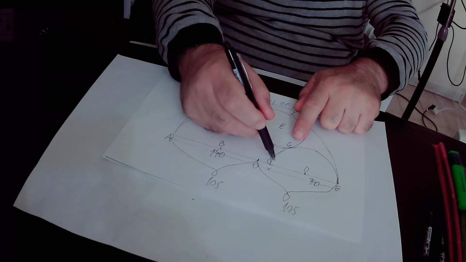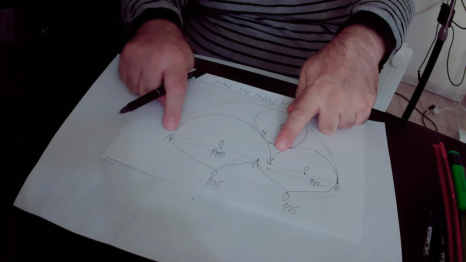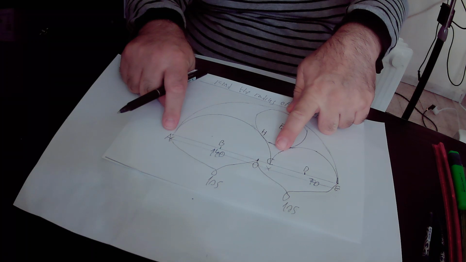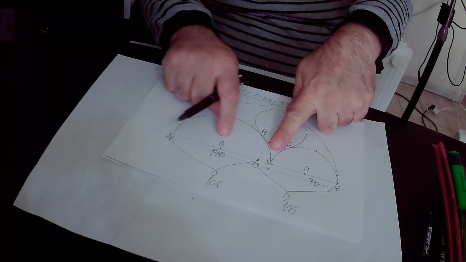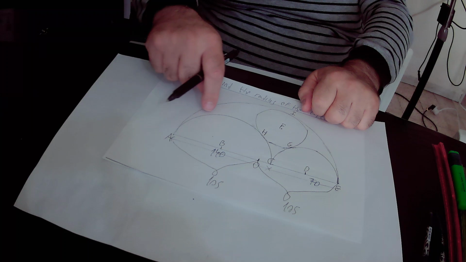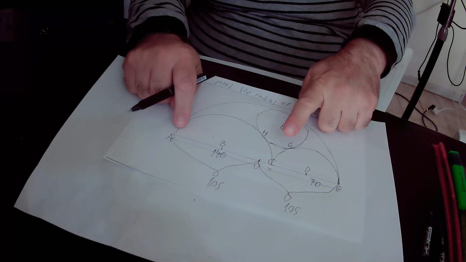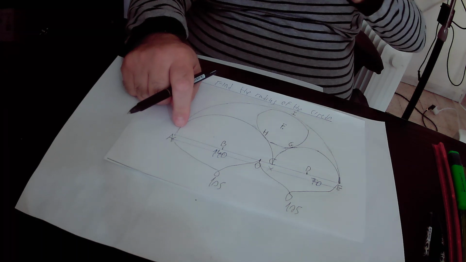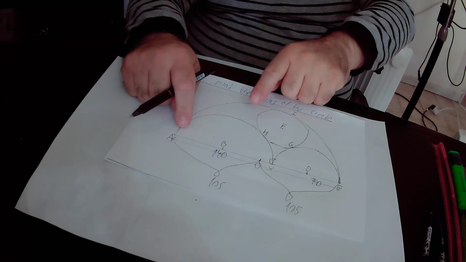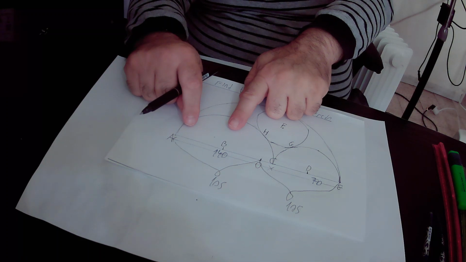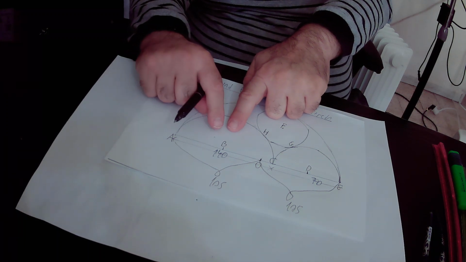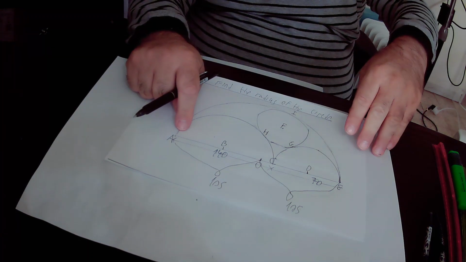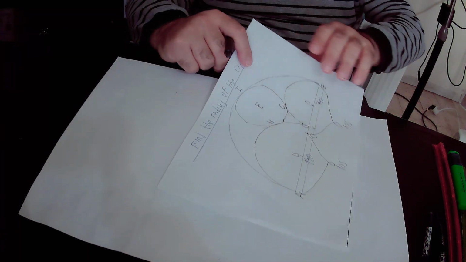But what is AC? AC is the diameter of this semicircle, and because the diameter of this semicircle equals 140 units, the radius must be equal to half of it. That is to say, the radius AB equals 140 over 2, that is 70 units.